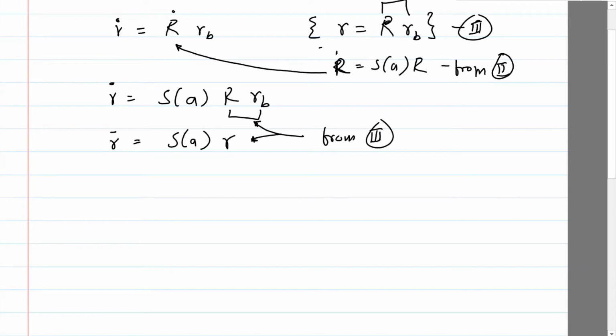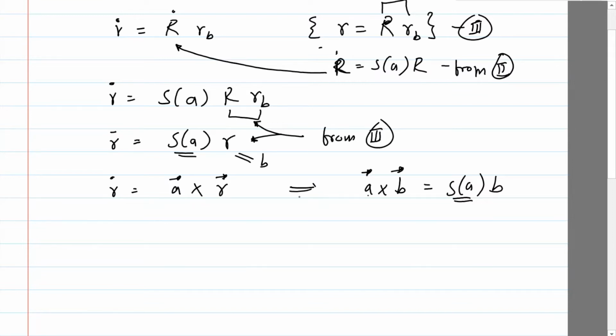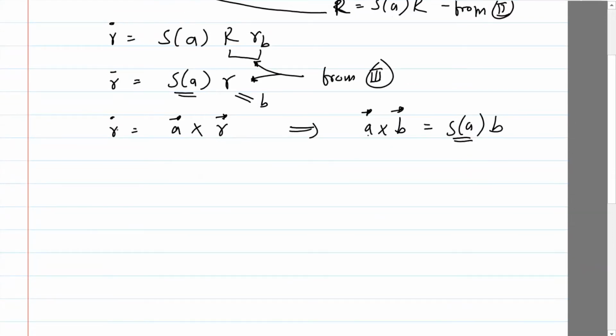But we know that A cross B is the same as S of A times B. This is something which we proved. So I write it as A crossed with B, where B is here small r. So using this formula, we've now written down r dot equals A cross r.